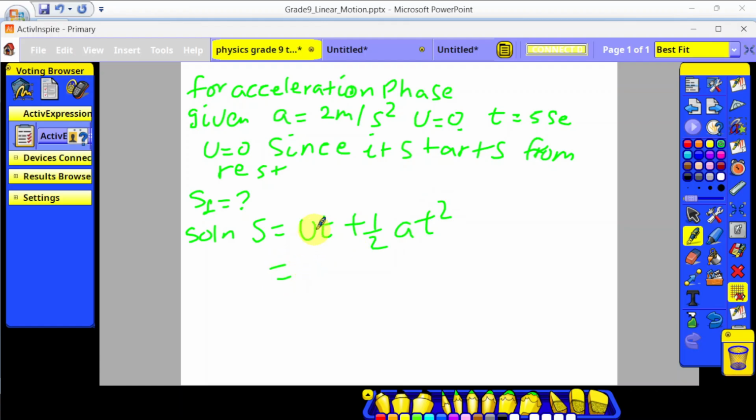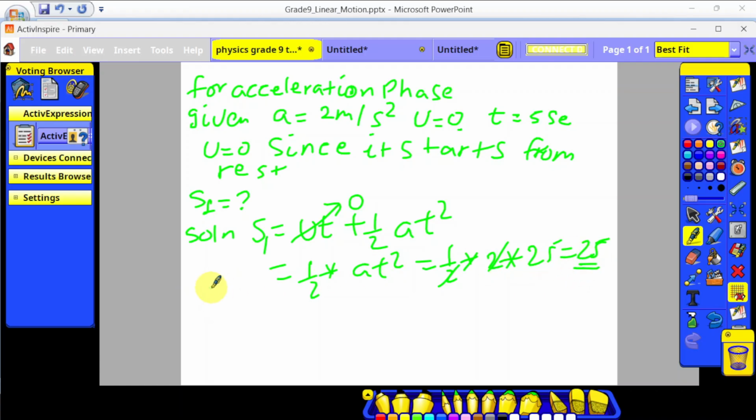The initial speed. This is 0 because the initial speed is equal to 0. Plus half at squared is equal to half times 2 times 5 squared, which is 25. So 2 by 2 cancels, the distance covered is 25. So S1 is equal to 25. The answer is 25. So distance 1 is 25.